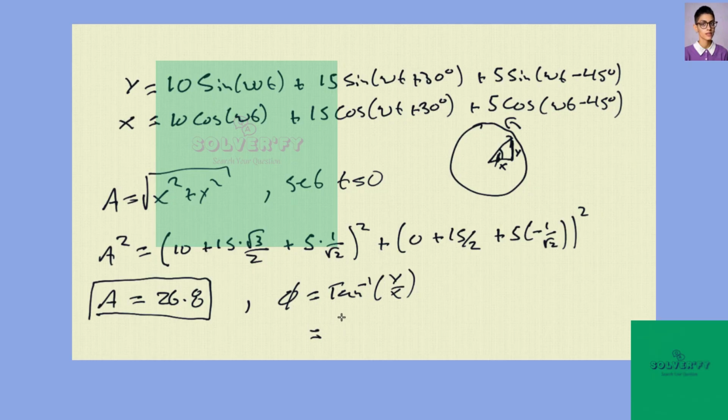The y component is 0 plus 15 over 2 minus 5 over root 2, all over the x component, which is 10 plus 15 times root 3 over 2 plus 5 over root 2.